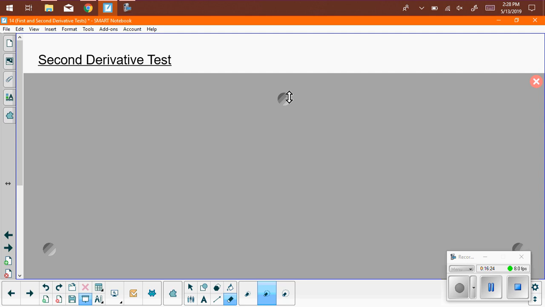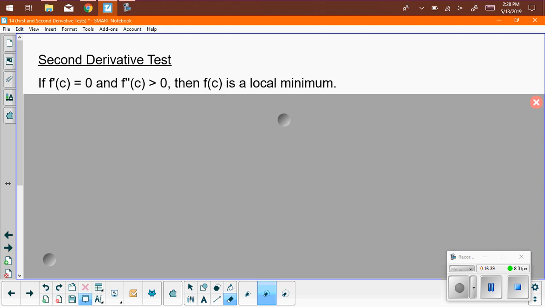So we can use that concavity to actually help us identify max and mins as well. And in some ways, this is a little bit faster than doing the first derivative test because I don't have to do that interval chart and work out all that different stuff. So here's how it works. If I have a critical point, so f prime of c is equal to 0, and I check the second derivative and find that it is positive there, then f of c is a local minimum.